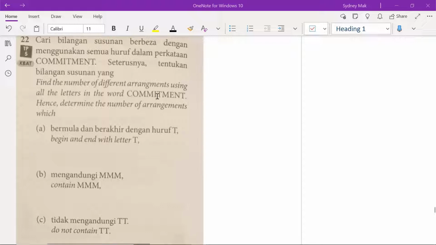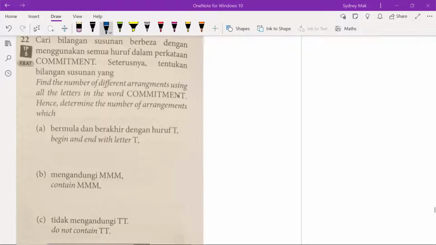Over here we see identical items. So let's put down how many M do we have? We have M, 1, 2, 3, 3 letters of M. And for T, we have 2 T's. The remaining will be individual, the rest will be individual consonants or vowels.